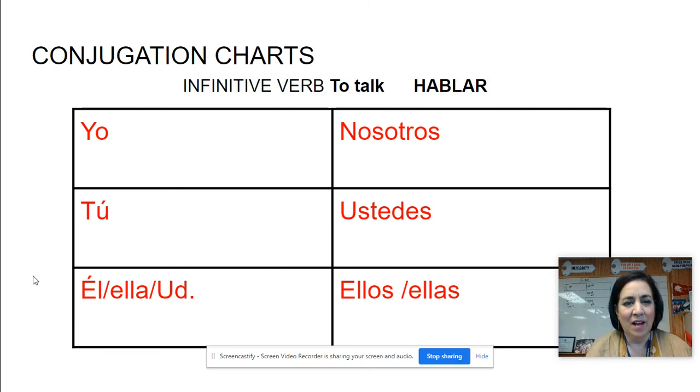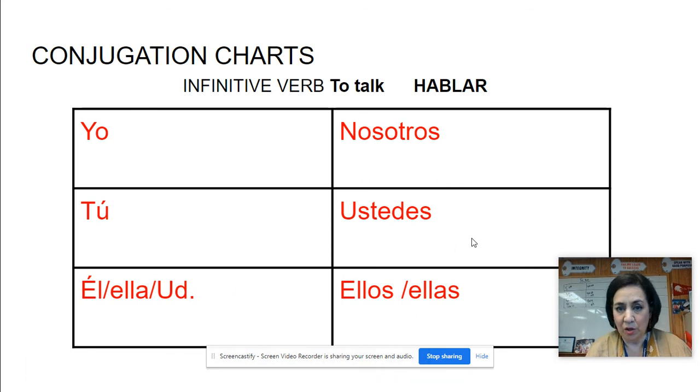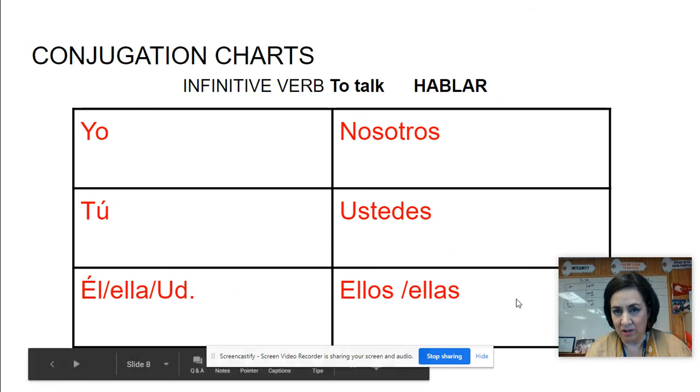Okay? Let's say, for example, the infinitive verb is to talk. That's the name of the verb. In Spanish, the name of the verb is hablar. So that will be the title of the chart. Then we're going to fill in the chart saying, how do I say I talk, you talk, he, she talks, we talk, you all talk, they talk.